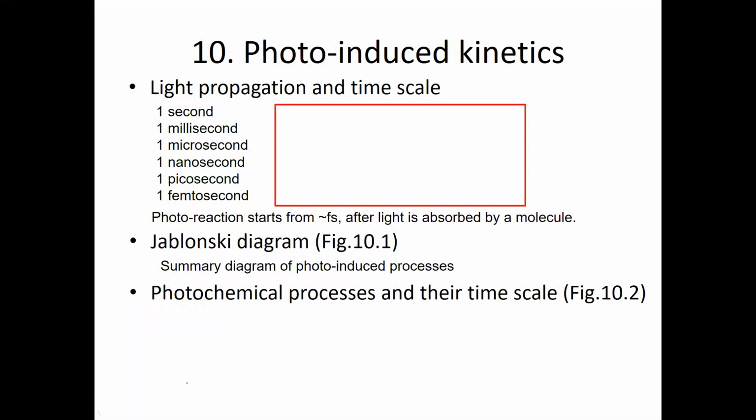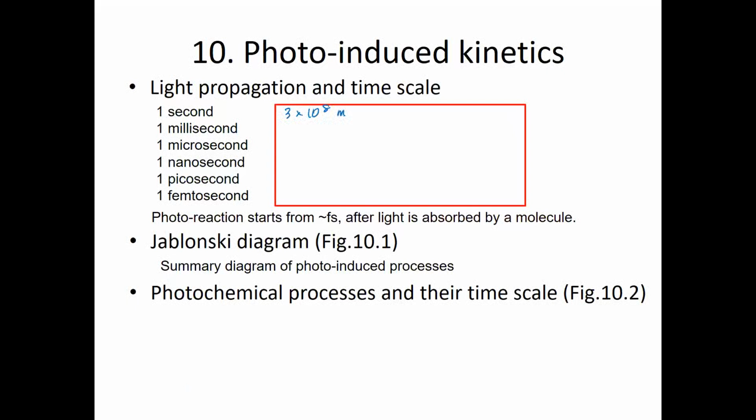As you know, in 1 second, light can propagate a distance equal to 7 rounds of the Earth. It's a very huge distance, which is 3 times 10 to the 8 meters.